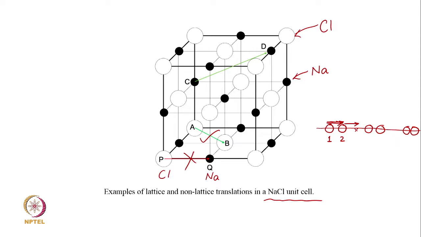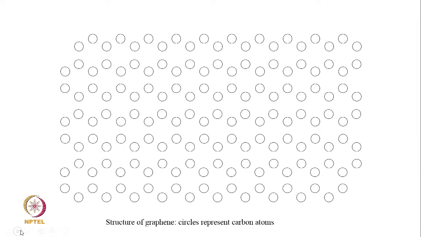So, C to D is also a lattice translation. In this case, you can verify a little bit more carefully. We also saw graphene yesterday. This is a nice 2D example.